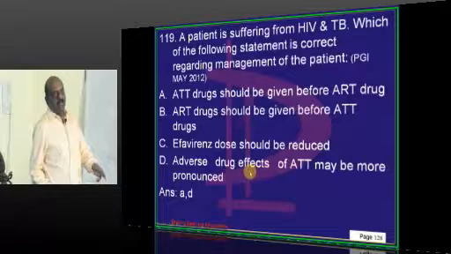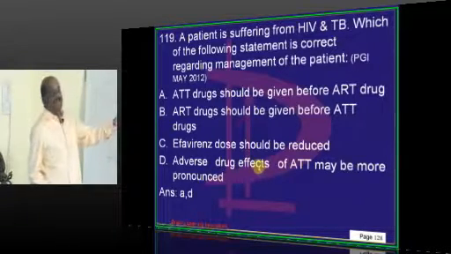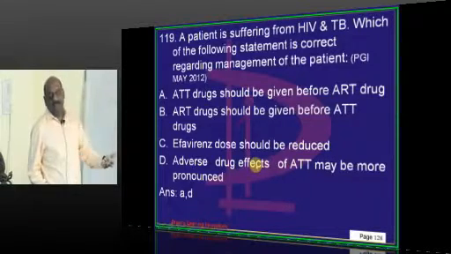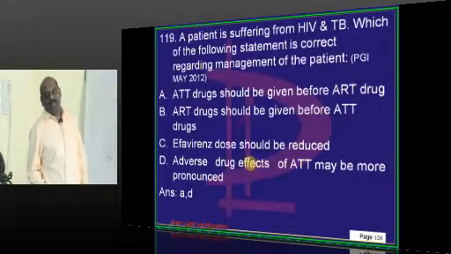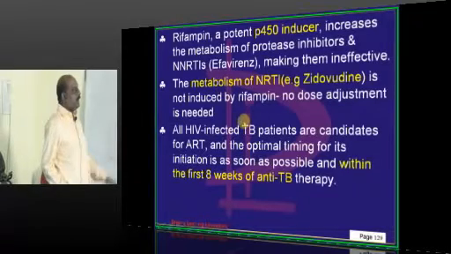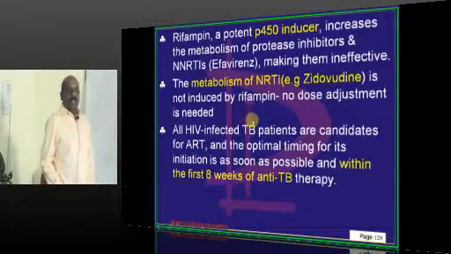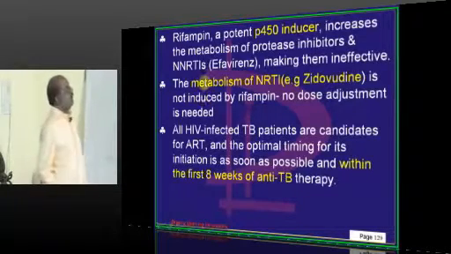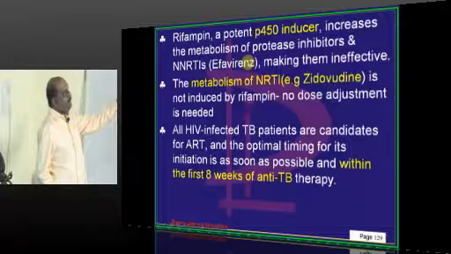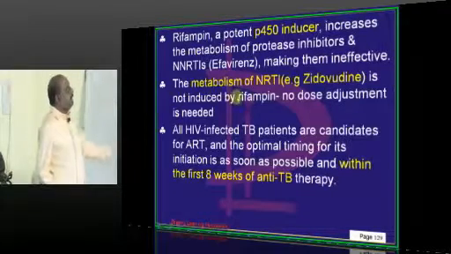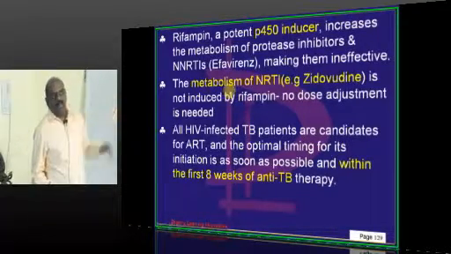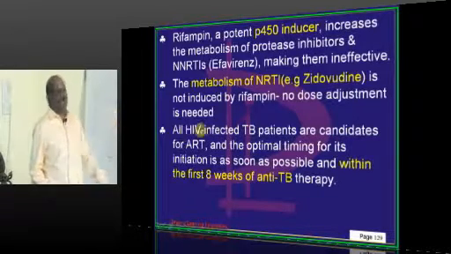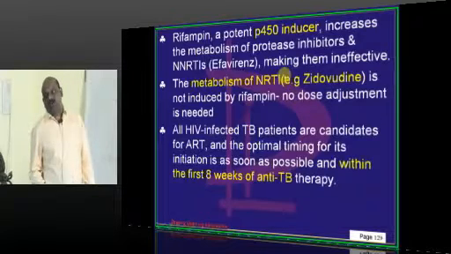If you are giving ART plus ATT, the ATT adverse effects will be more common if the patient is HIV positive also. Rifampicin among the ATT is a P450 inducer, so it will affect the protease inhibitors, making them ineffective. Zidovudine is not affected by rifampicin, so no dose adjustment is required for zidovudine.